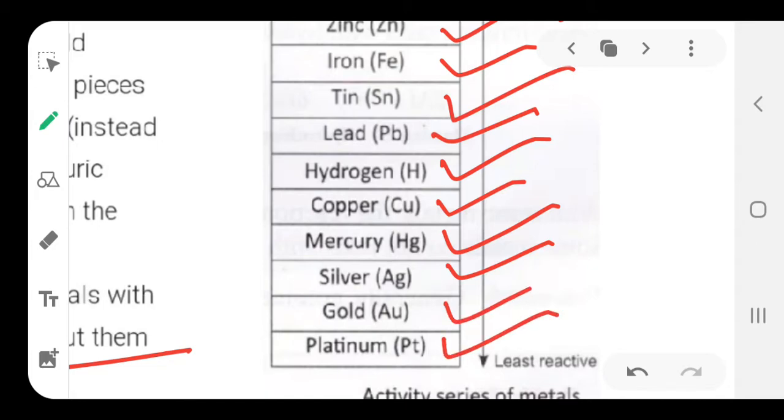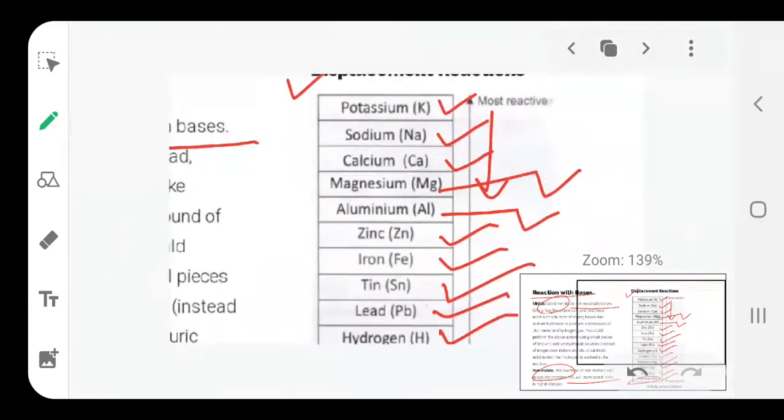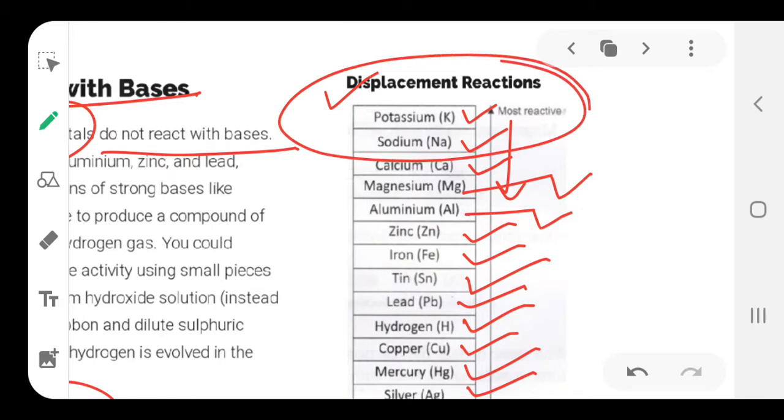So you can see platinum is the least of all reactive in the metallic series, while potassium is the most reactive. So this has to be read, learned by heart if you want to study the topic called displacement reaction. So this whole table chart is called reactivity series.